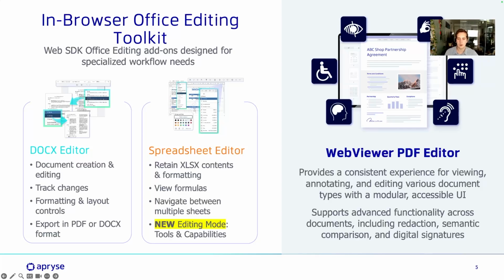A few months ago, we introduced spreadsheet viewing, and this allowed users to view spreadsheets as intended. So as I mentioned before, you could view a spreadsheet within WebViewer, but it meant that a lot of information about the spreadsheet wasn't necessarily accessible because spreadsheets by design are inherently quite different. The canvas that a spreadsheet is rendered on is going to be thousands of rows in length.